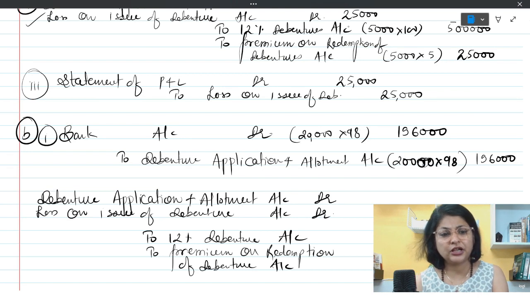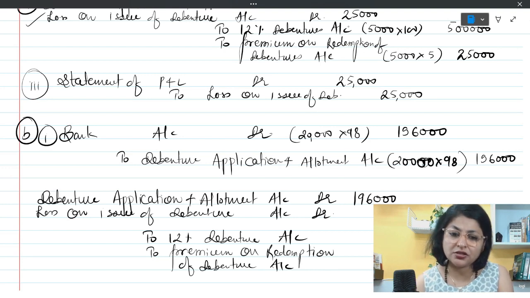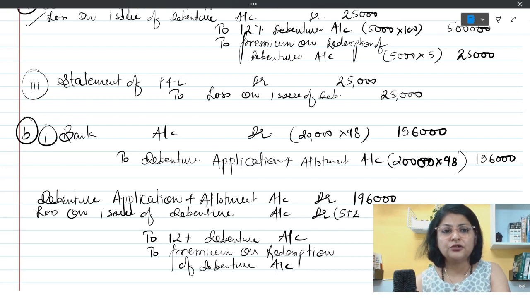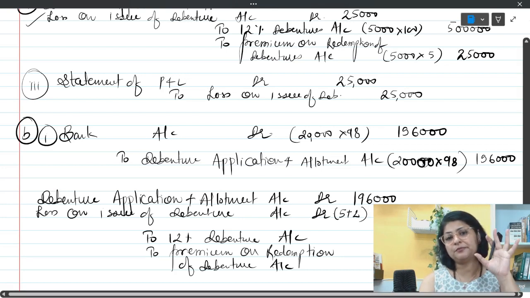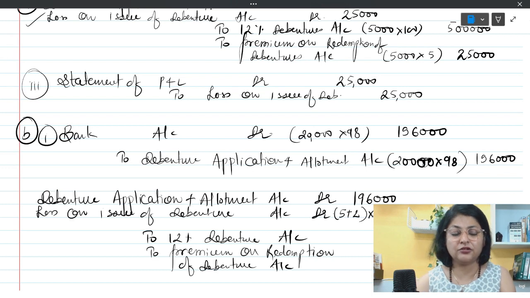So here we are going to write 1,96,000. What we had credited, we have debited the same amount. Loss on issue of debenture is 5 plus 2, or I should rather write 2 plus 5. You understood what 5 is? 5 is premium on redemption of debenture and 2 rupees is discount on issue of debenture. This will be multiplied with the number of debentures, so we are multiplying 7 with 20,000.